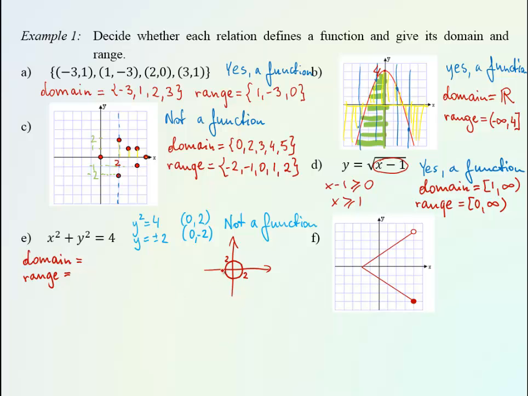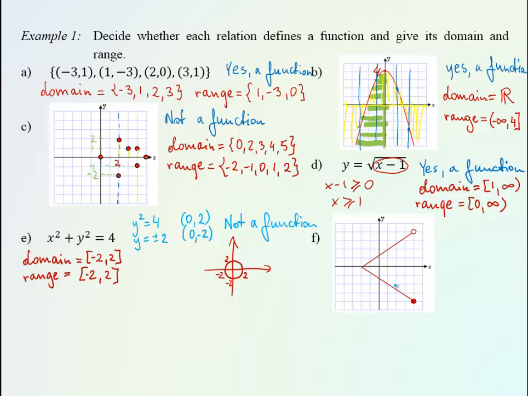Well, when we see this circle, it's very easy to detect that the domain is from -2 to 2 and range also from -2 to 2. So we can give the answer, -2 to 2, in both domain and range, the same.